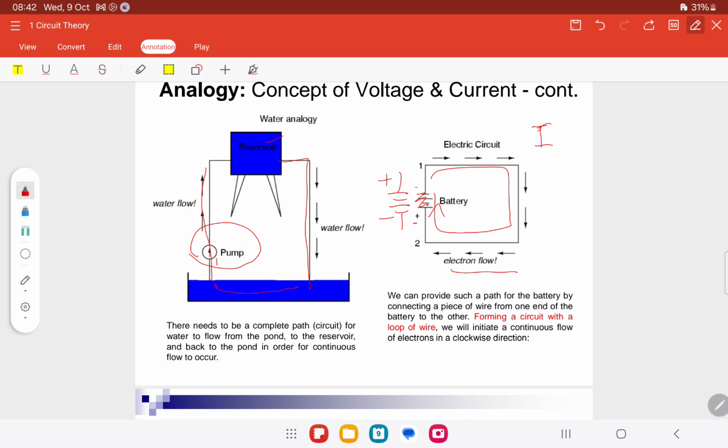Dia akan keluar dan masuk balik. Okay, so for this one, if untuk pump ni, dia boleh feed balik guna this pipe, masuk balik into the pump. For here, since we connect, tadi dia habis kat sini kan, so since we connect, ambil satu jumper, we connect from this node 1 and 2, so the current can flow in the circuit. Okay, so we can measure lah.